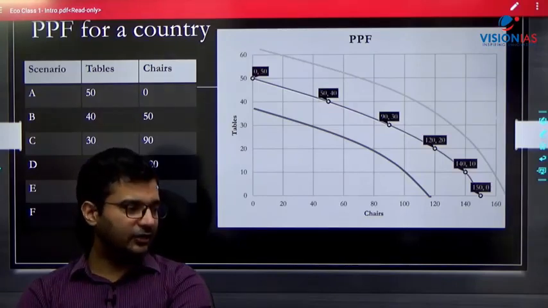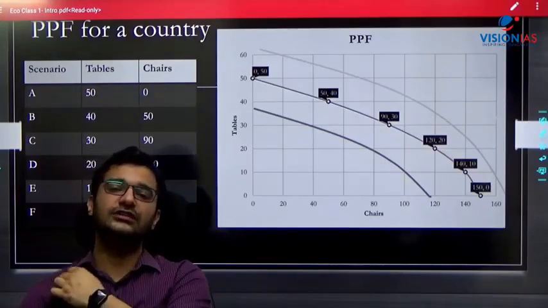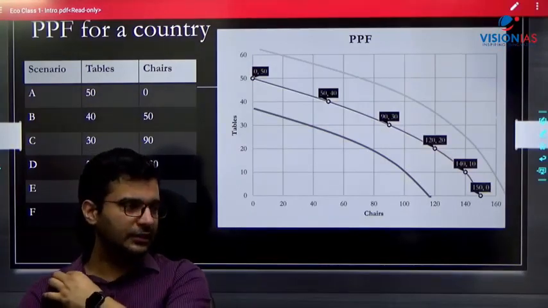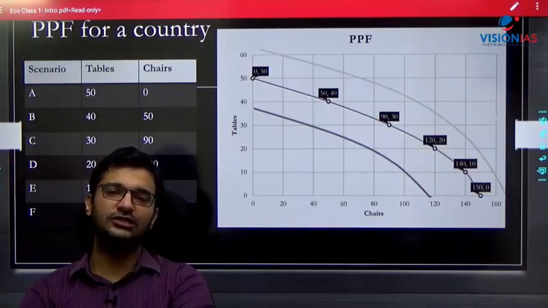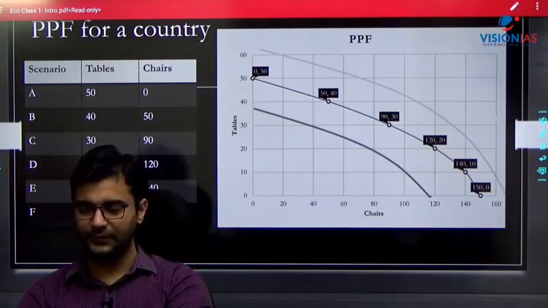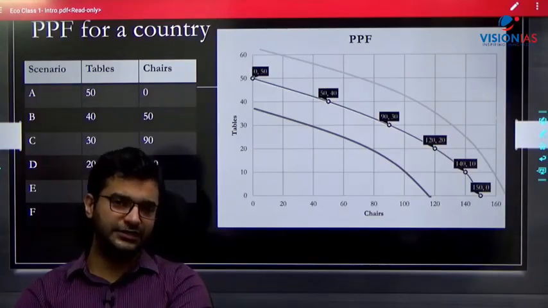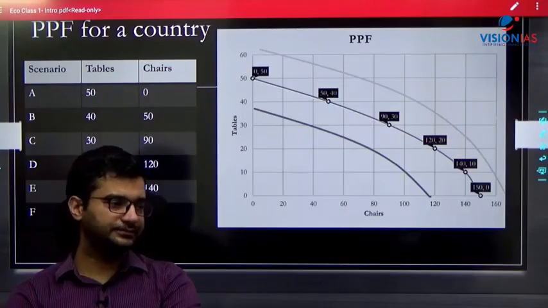Concept of marginal cost and opportunity cost. First write down opportunity cost.